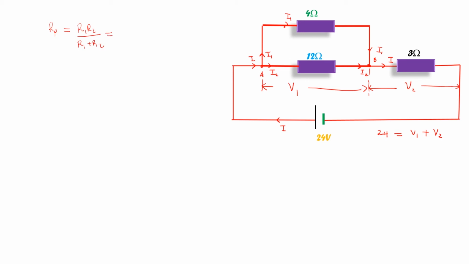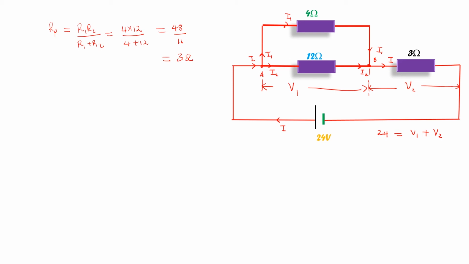In that case we have 4 times 12 divided by 4 plus 12, and this becomes 48 divided by 16. This gives us 3 ohms.